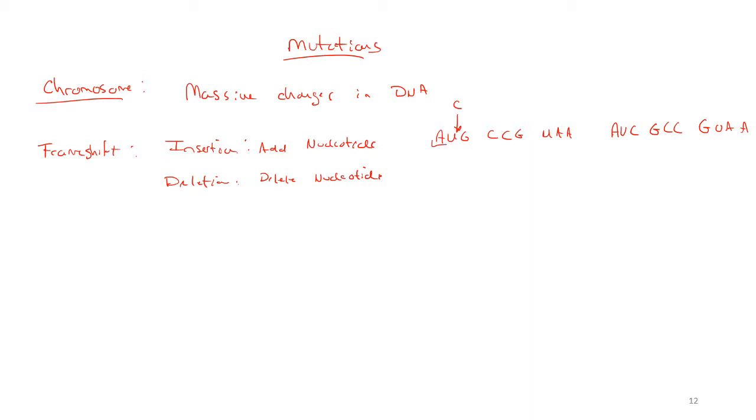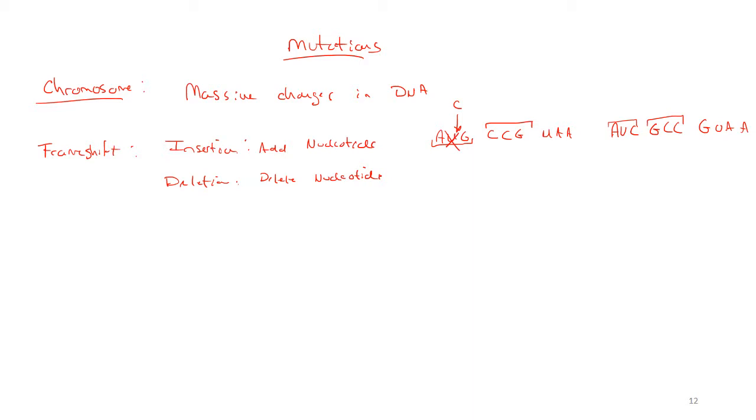So instead of reading AUG, now we read AUC, which probably won't code for the same thing. Instead of coding for CCG, we're coding for GCC, which is not the same thing. So this would be a pretty devastating effect. With deletion, it's the same thing, but we're deleting a letter. So everything shifts over to the left to fill that gap, and of course things get read improperly again.